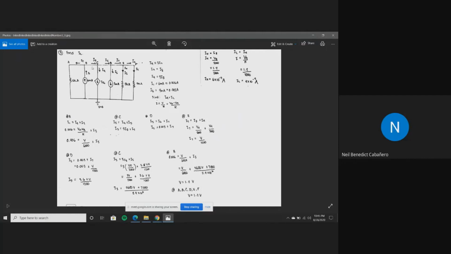So the first step is we label each node. As you can see, node A, node B, node C, node D, node E, and node F.